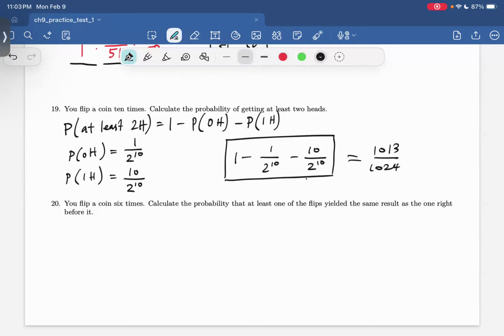So once again, here, complementary counting is going to be our friend because it's much easier to count all the cases where no flips yielded the same result as the one right before it. So let's calculate 1 minus the probability of no flip yielding the same as the one right before.